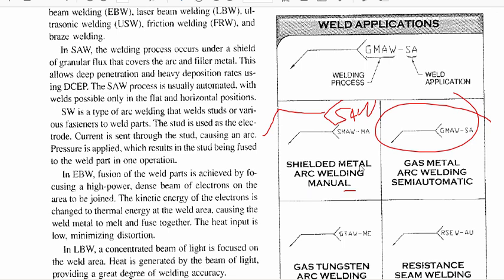For example, shielded metal arc welding would be SMAW, but they may add a dash MA to stand for manual, or a dash SA for semi-automatic, or whatever the case may be. So the tail and information are always the same, with just dashes to show extra things on top of the initial information.